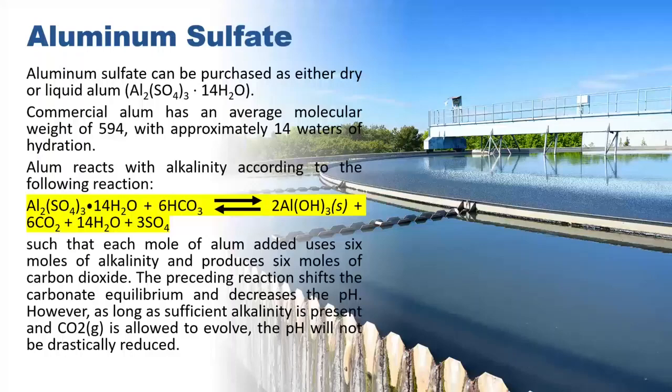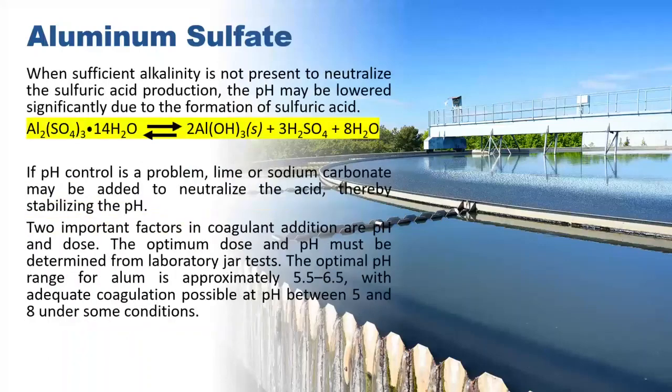The preceding reaction shifts the carbonate equilibrium and decreases the pH. However, as long as sufficient alkalinity is present and carbon dioxide is allowed to evolve, the pH will not be drastically reduced. When sufficient alkalinity is not present to neutralize the sulfuric acid produced, the pH may be lowered significantly due to the formation of sulfuric acid.